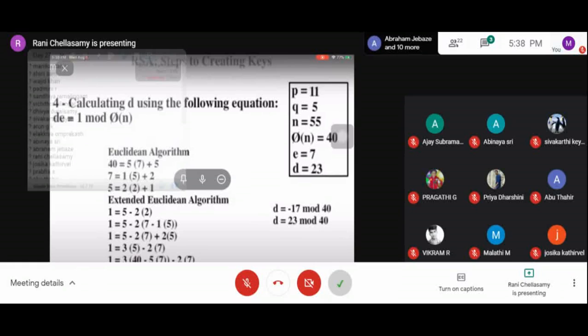So at this step, can I have any response, are you able to follow me from the participant side? Are you having any doubts in the slide? How you are getting with the Euclidean algorithm and extended Euclidean algorithm? May I proceed?